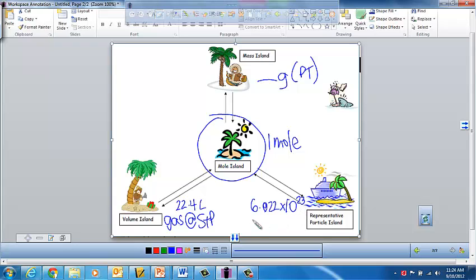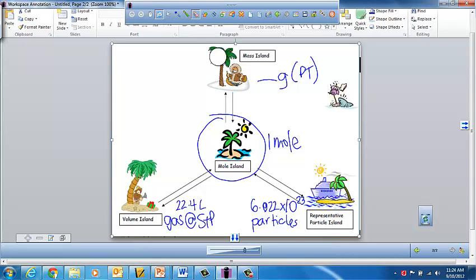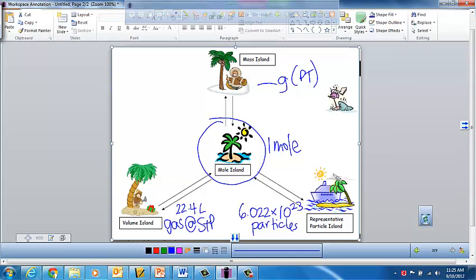This is a number of particles. Now, the reason that we're talking about particles is because I'm trying to be a little bit vague, because it might be a different type of particle depending on the type of substance that we're looking at. All right, so particles could be atoms, molecules, formula units, lots of different things.